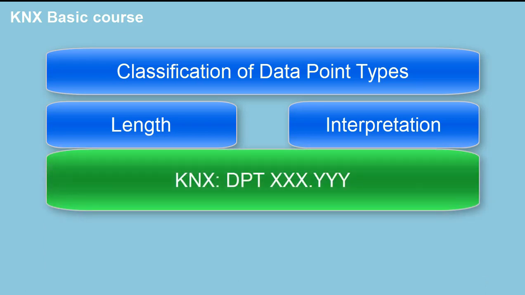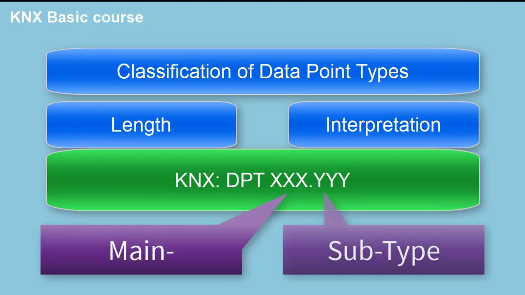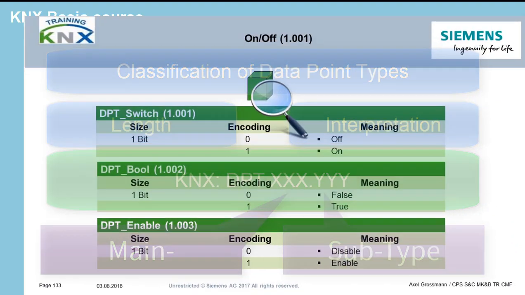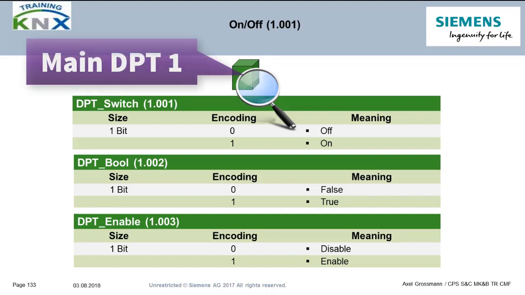Data point types are numbered like XXX.YYY. The figure XXX before the point describes the main data point type. In our picture here, it is the binary data point type 1 with the values 0 and 1. The figure YYY after the point describes the interpretation.